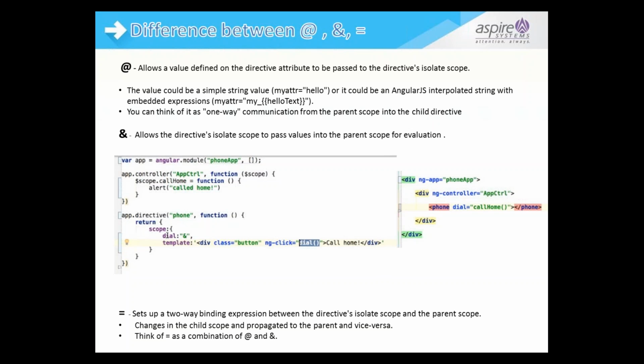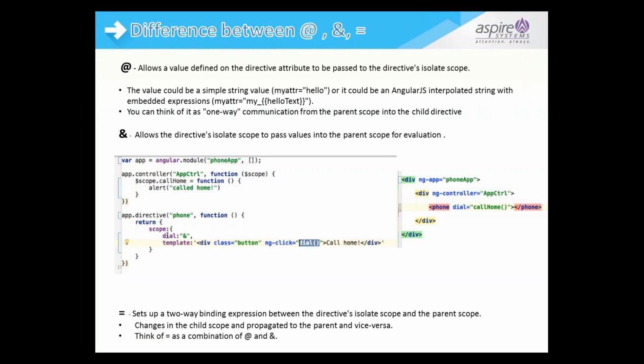No, but still I can call home. So this call home is going to call my parent's function called call home. Though there is no function called call home in my child, it is calling a function from a parent just because I have given dial equal to & symbol. So it is going to invoke a function in my parent.